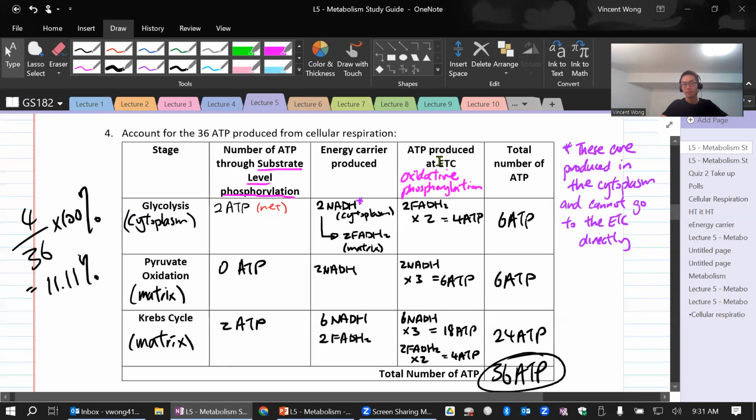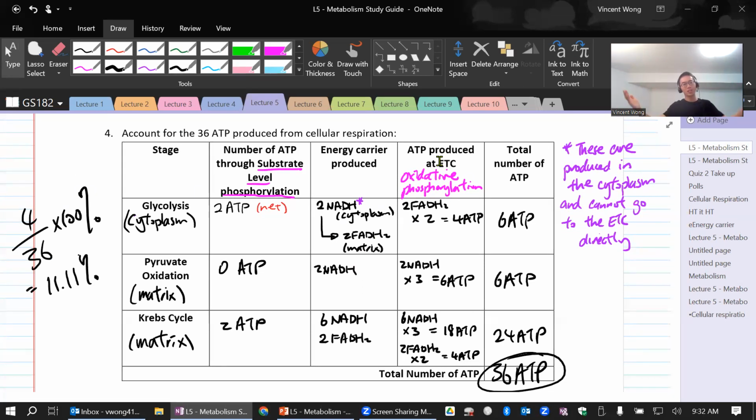All right? There you have it, the hardest lesson of Unit 1. We've done the hardest part now, okay? We still have a little bit of extra things to talk about after the break. But as far as the different steps, different stages of ETC, that's it.